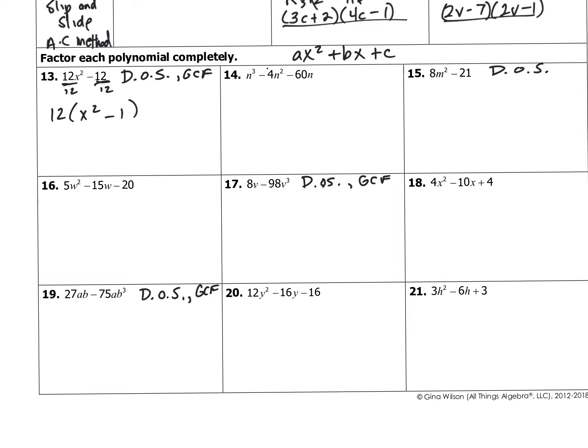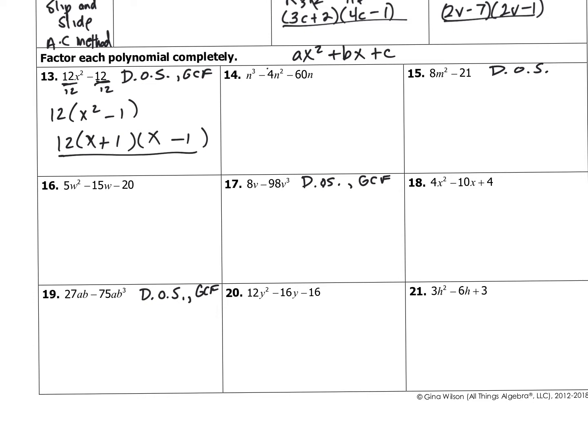And what's left here inside the parentheses is the difference of squares, okay? So I can rewrite that as two binomials, and the square root of x squared is x, and the square root of 1 is 1. So 12 times x plus 1, x minus 1, and that is simplified.